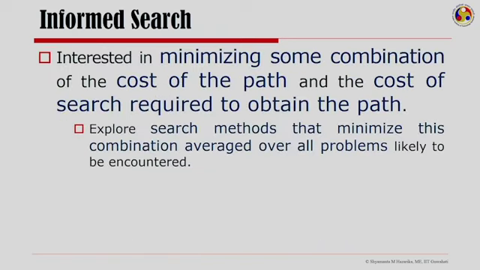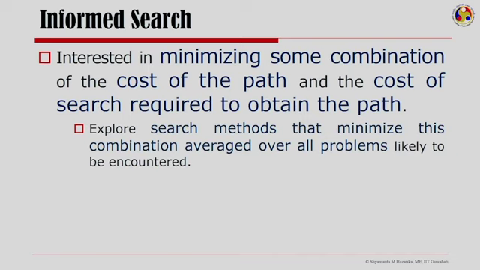We are interested not only in minimizing the cost of the path, but also the cost of the search required to obtain the path. That is, we are interested in minimizing some combination of the two. Search methods that minimize this combination averaged over all populations is what we are likely to look at today.